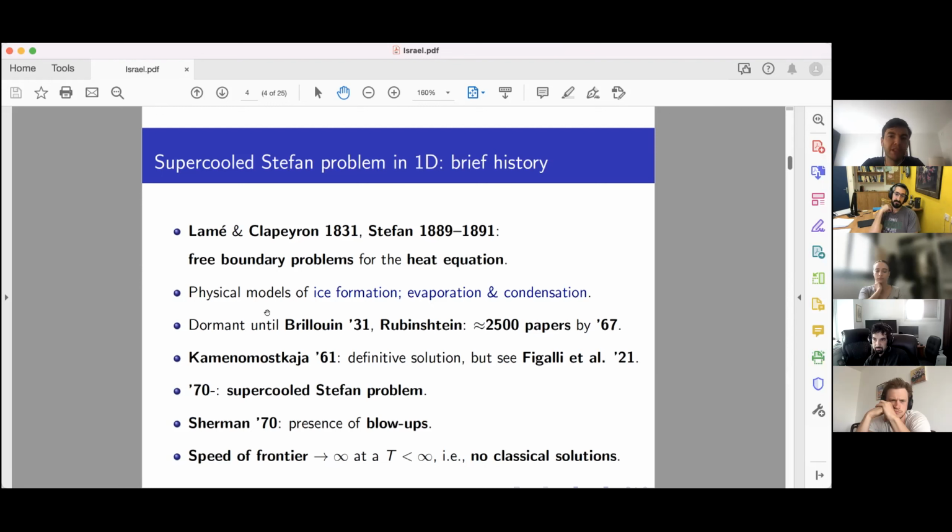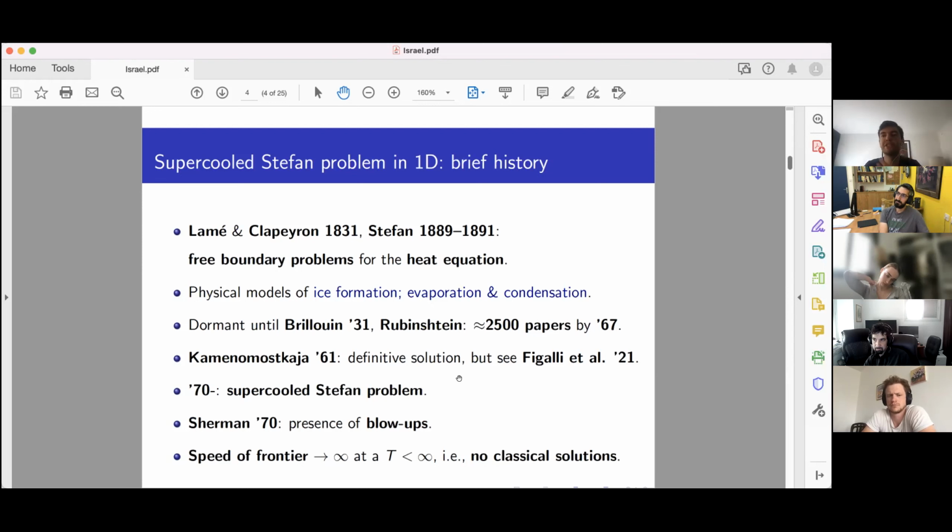Let me skip the other historical references and just mention that for regular liquids, in some sense, the problem is completely understood. One of the main papers there is a paper by Kamenomostskaya from the 60s, which gives the correct notion of weak solution, proves that it is unique, and gives you also a numerical scheme to approximate it.